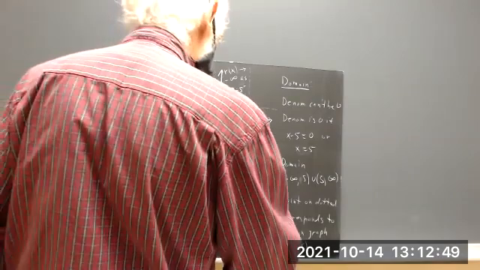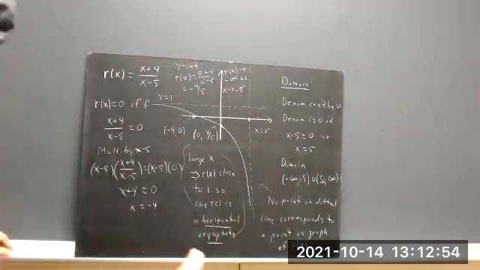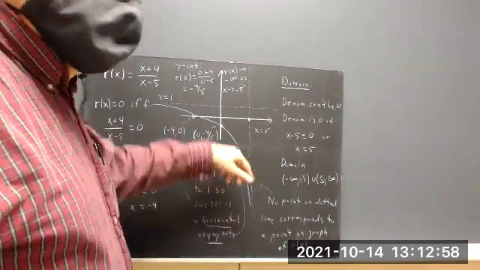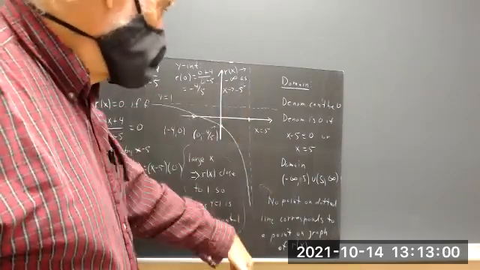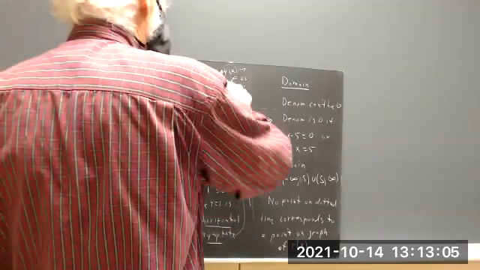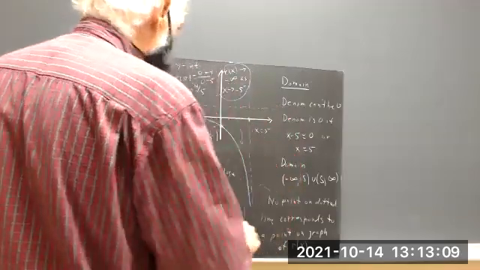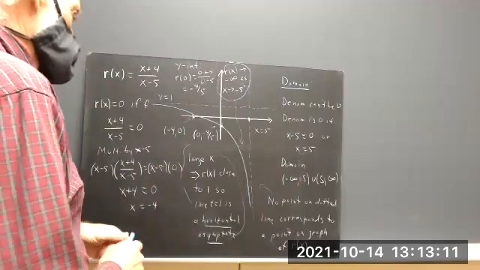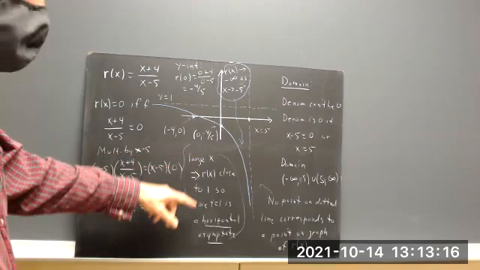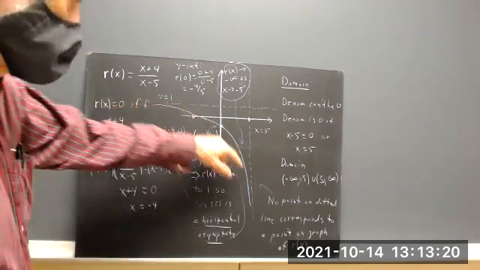It never reaches this line, but it gets closer and closer. No matter how close you want to get, you can get there if you go down far enough. Over here, for large x, r of x is close to 1. y is 1, the horizontal axis.